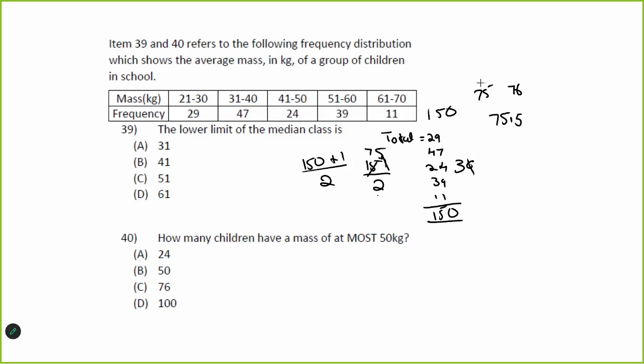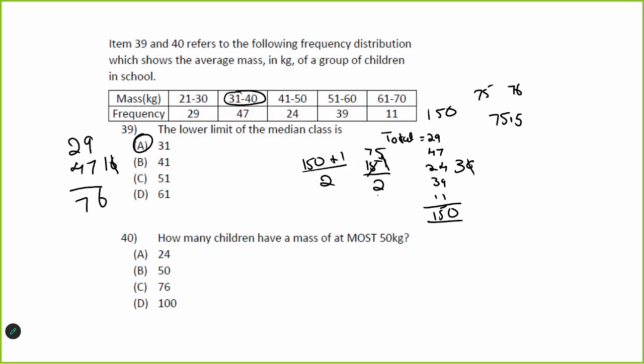So let's find out where your 75th and 76th person is. 29 plus 47 is 76. So my 75th is going to be here. They want to know the lower class limit. That's 31, so 31 is the answer for this one.